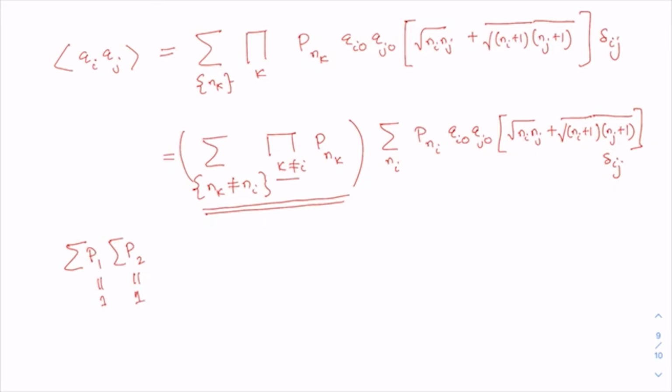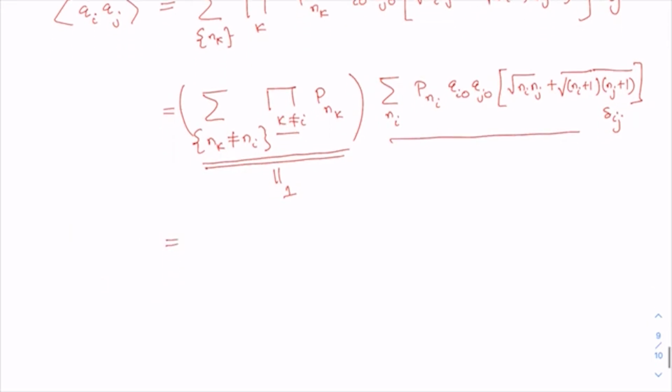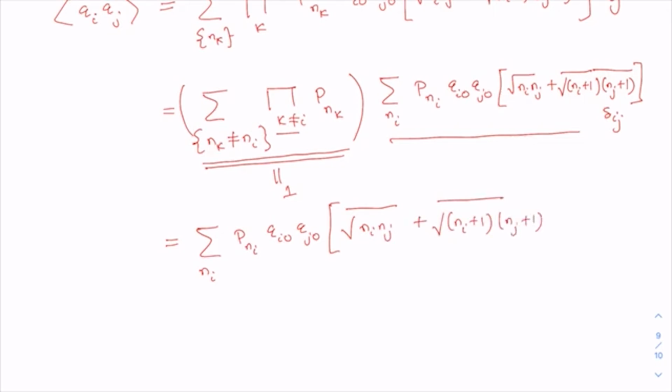So overall the whole thing will be unity, and therefore I will be left with only this term. So let me write here: summation over ni, p ni, qi0 qj0, and square root of ni nj plus square root of ni plus 1 nj plus 1, delta ij.